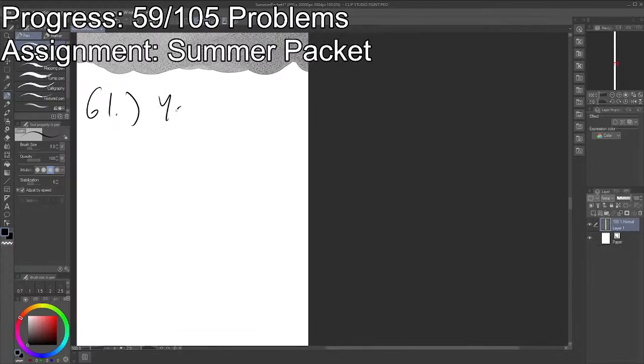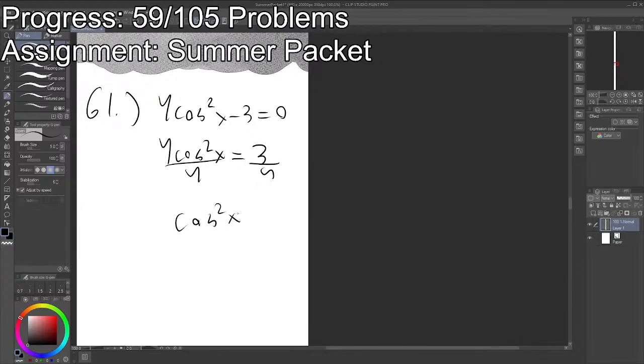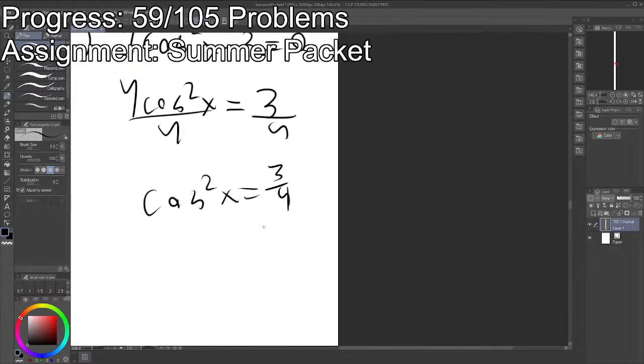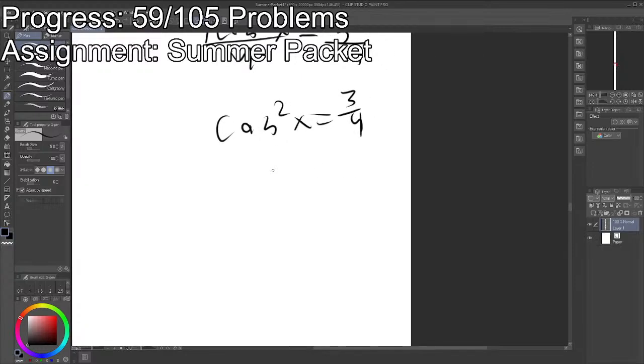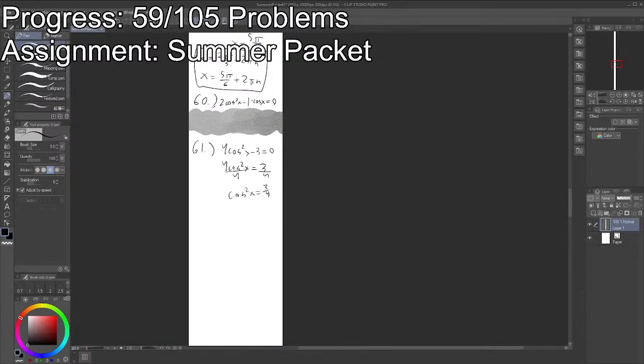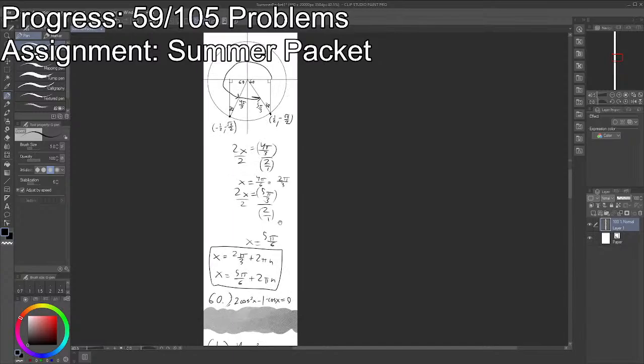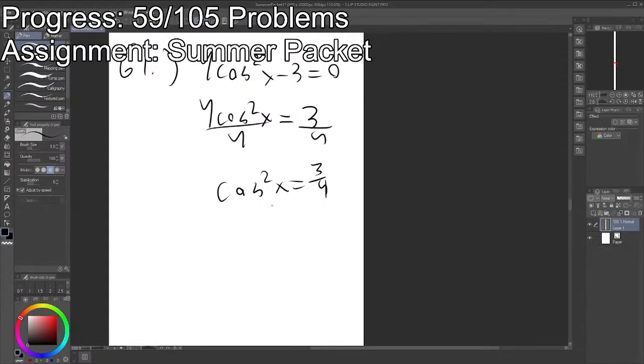Okay, 61. 4 cos squared x minus 3 equals 0. First thing, I'm going to move the 3 over. Divide by 4. Okay, that's squared there.